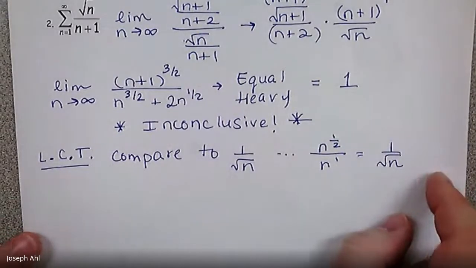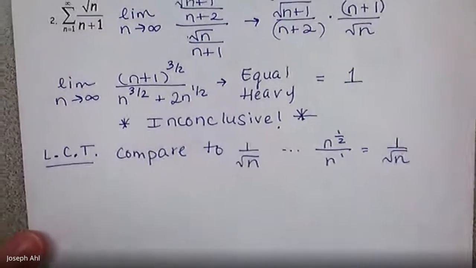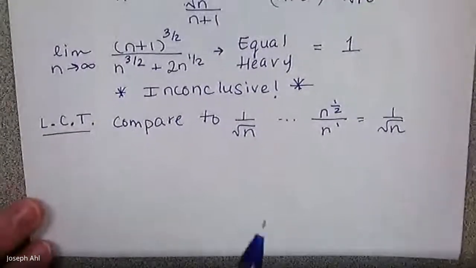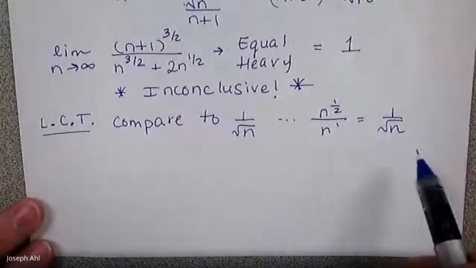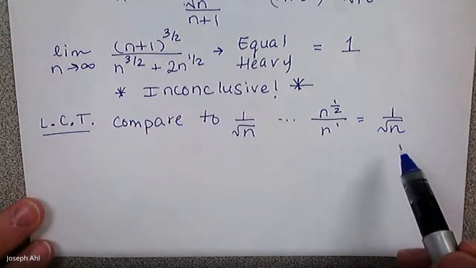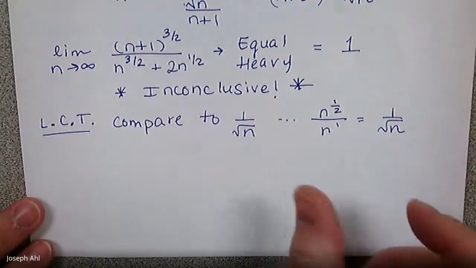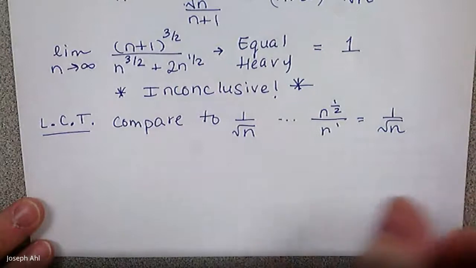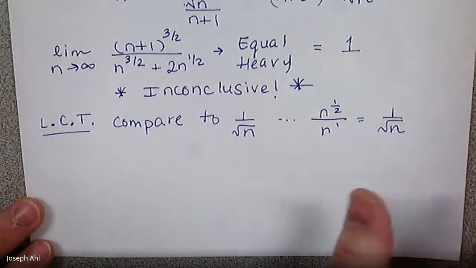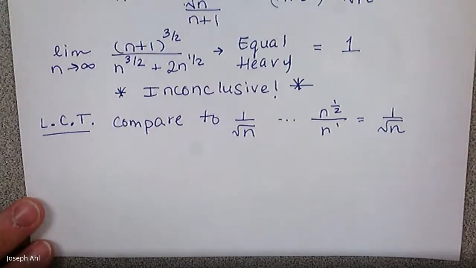In terms of the limit comparison test, what we want to show is that if one of the comparison series diverges or converges, and the limit of the ratio of the sequences converges, then we'll know what to do as far as making our end conclusion.